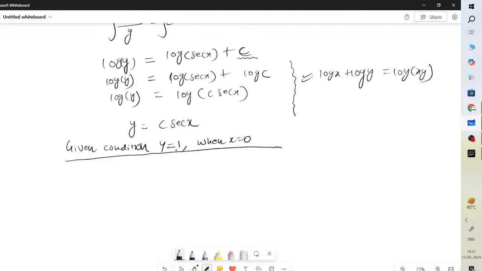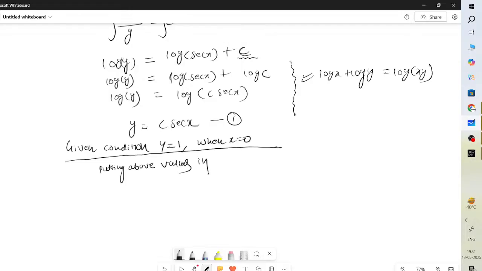We just put the value of y equals 1 here and x equals 0 here. We name it equation 1. Okay. So we write here, putting our values.